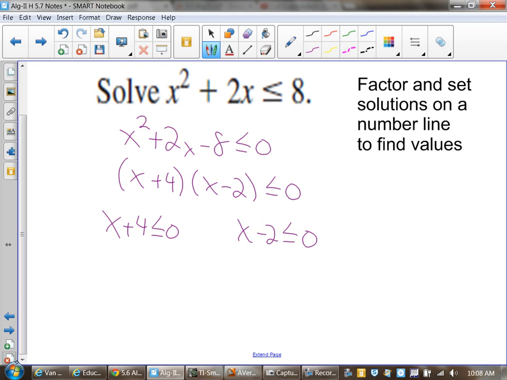How do I move the 4? So I get x is less than or equal to negative 4. How do I move the negative 2? I get x is less than or equal to 2. That's what that would look like. So when you think about what would be the true solution then?